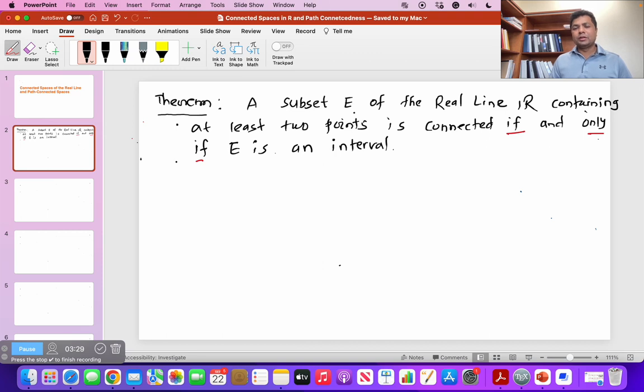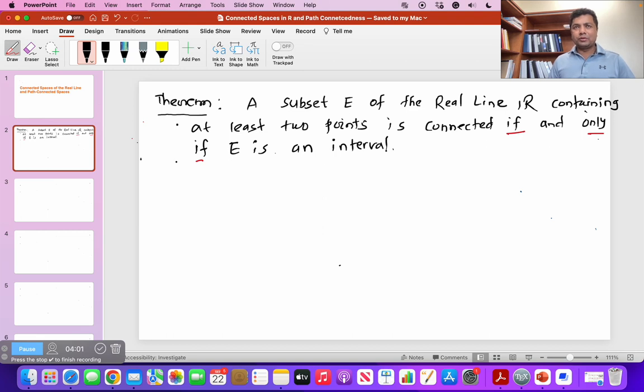And also the other side: if E is an interval, or a connected interval, then E has to have at least 2 points, and it is going to be connected. All right, so this theorem tells us that any interval in R is connected.